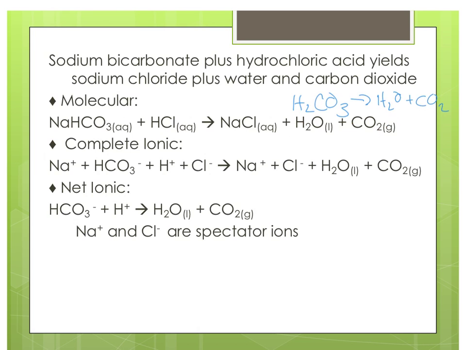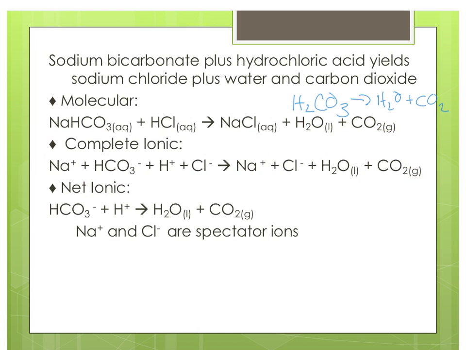So when we write our complete ionic, I'm going to have our ions in the reactants. The reactants are always ions. And then in the products, only the Na and Cl remain aqueous. Water becomes liquid, CO2 becomes a gas.